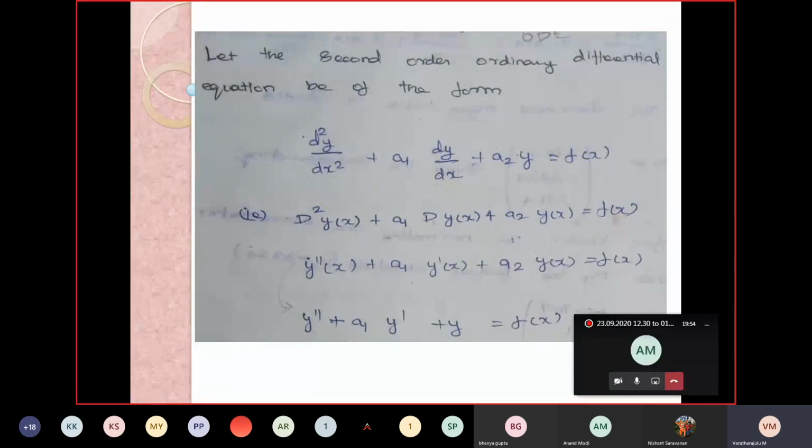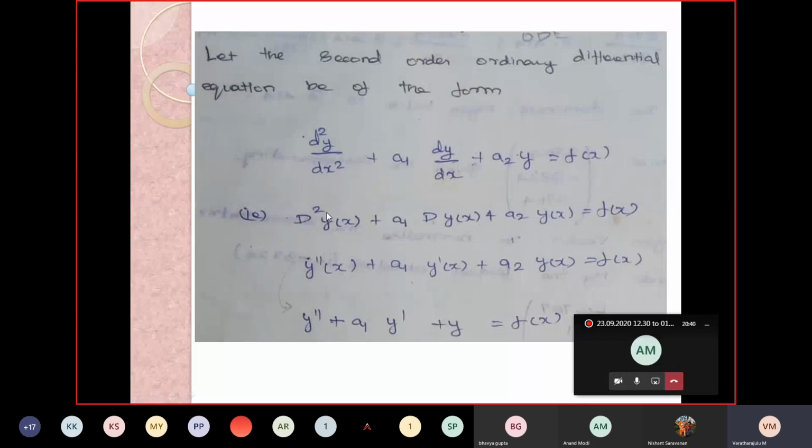Please make a note that this is the form in which the differential equation can usually be written, that is d square y by dx square plus a constant a1 into dy by dx plus a constant a2 into y, is equal to f of x.